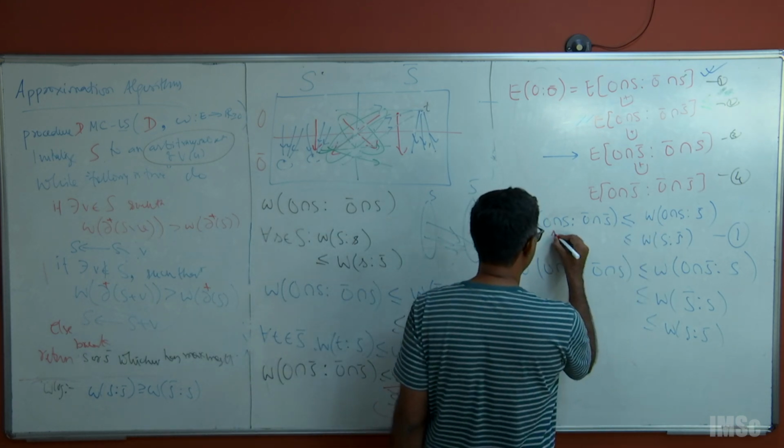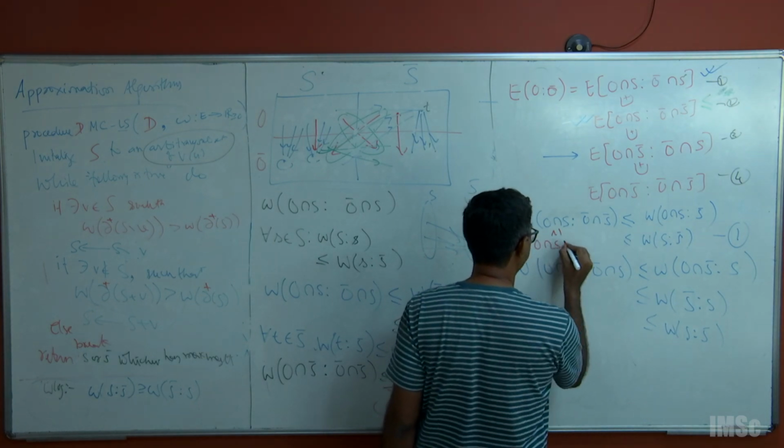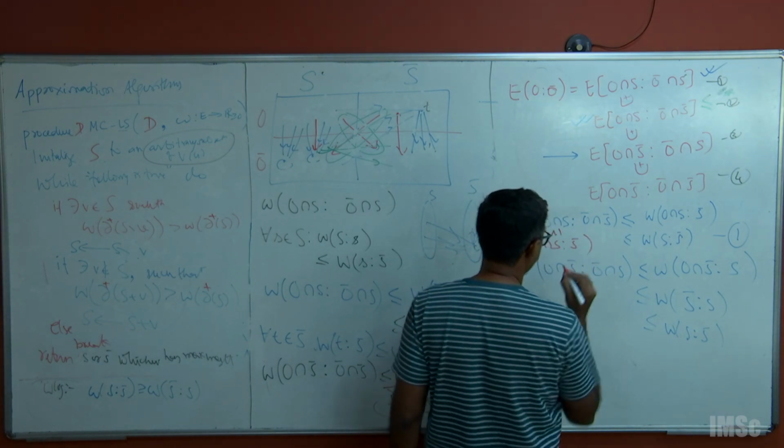I could have also used that this is less than or equal to the weight of O intersection S. Is that fine?